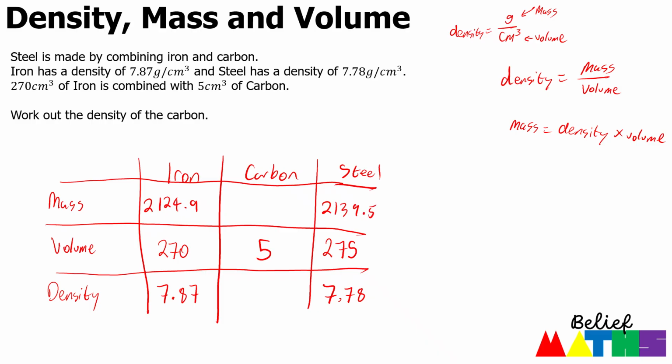As we said with the volumes, the iron plus the carbon gives us the steel, so if we subtract those, the steel take away the iron gives us the carbon, which is 14.6.